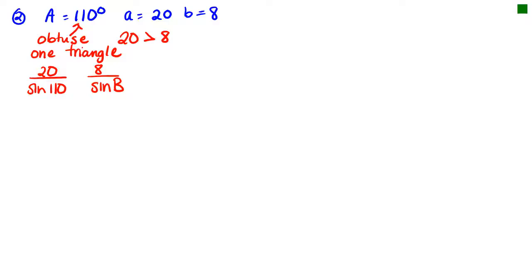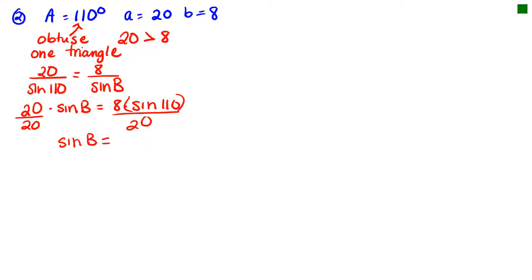All right, so I'm going to cross multiply. 20 times sine B equals 8 times sine of 110. I'm going to divide by 20. That gives me sine of B equals about 0.3758, that's what I got when I put it in the calculator.